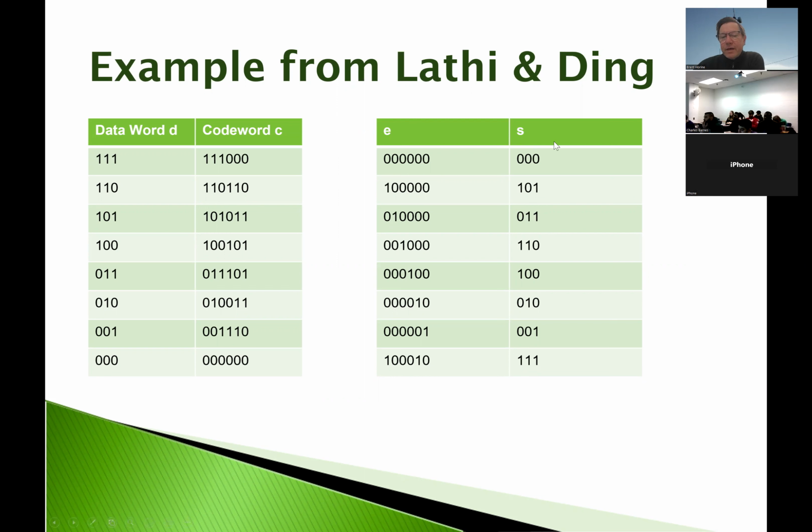So if you receive a syndrome 000, there's no errors. Happy days, so our job is done. But if we receive a syndrome of 101, that's going to correspond to this error vector. You see most of these error vectors only have one error in them. That's our minimum: the minimum error, besides 0, is where you have one digit worth of error.